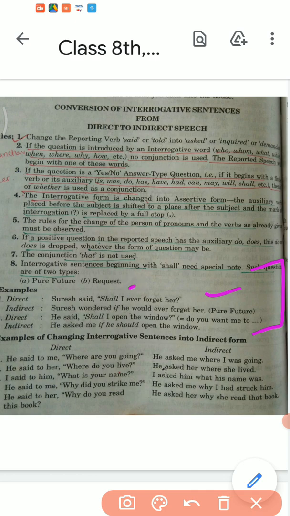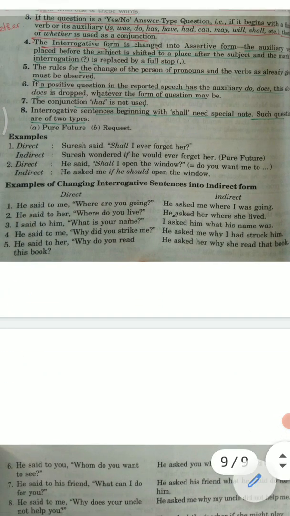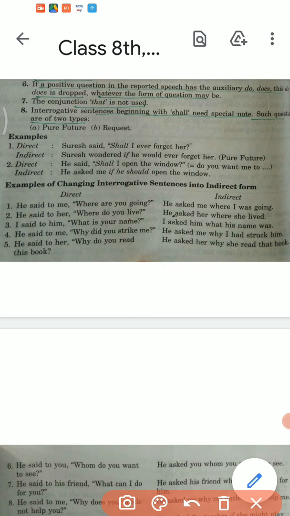And I, your first person, will change according to Suresh, which is a boy. Then we will put here, Suresh wondered if he would ever forget her. This is a pure future. Now you can see here examples of changing interrogative sentences from direct form into indirect form.